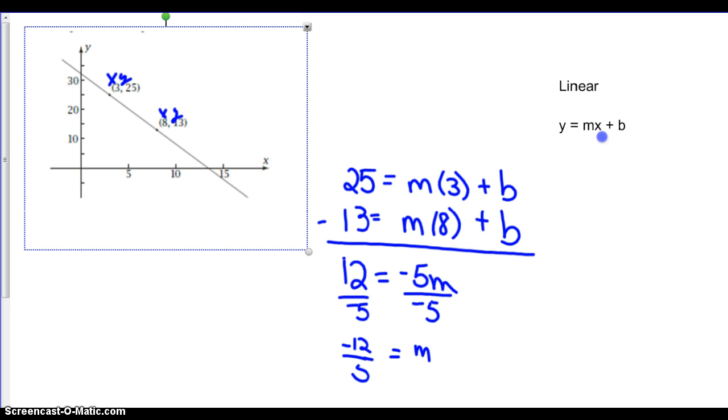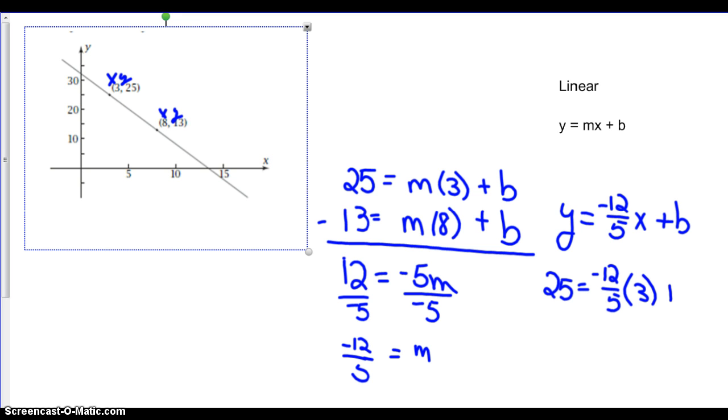And then I'm going to plug back in, and I will go ahead and solve. Go ahead, plug that back in now, so I can use either one. So 25 for y. Plug in the 3. Going to multiply those together.